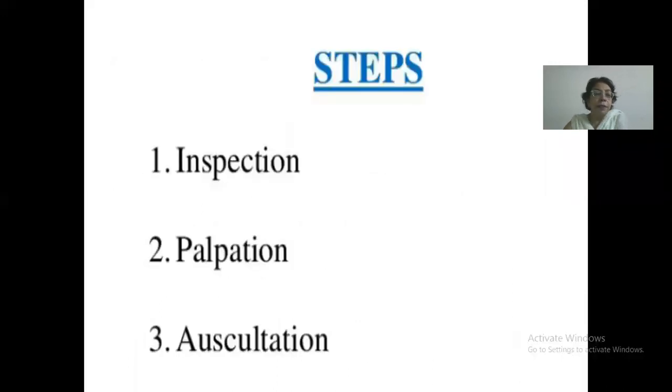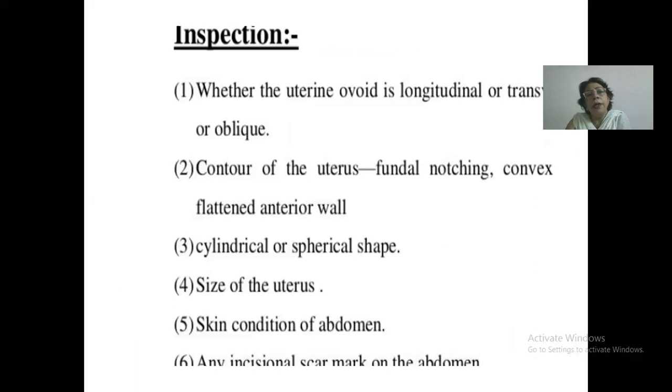Now, what are the steps? First is the inspection, then the palpation, and then the auscultation. Now, on inspection, we have to see whether the uterine ovoid is longitudinal or transverse or oblique. What is the contour of the uterus? Whether there is any fundal notching, convex or flattened anterior wall, cylindrical or spherical shape, size of the uterus, skin conditions of the abdomen, or any incisional scar mark on the abdomen.